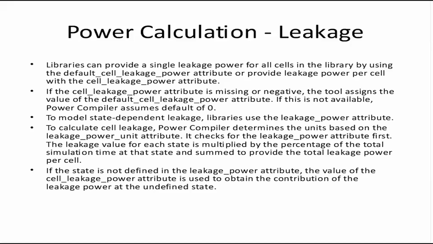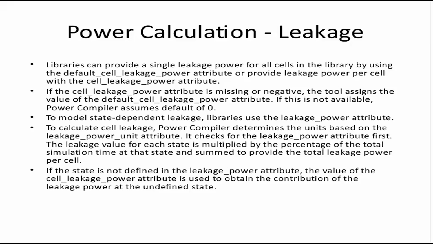Now, let's say you are able to tell Power Compiler that, for example for an AND gate, one of the states is more likely to happen than other states. This is nothing but switching activity, a form of switching activity where you are able to tell the tool that one of the states is more likely to happen than the other 3 states.